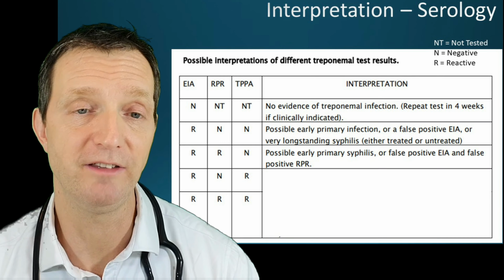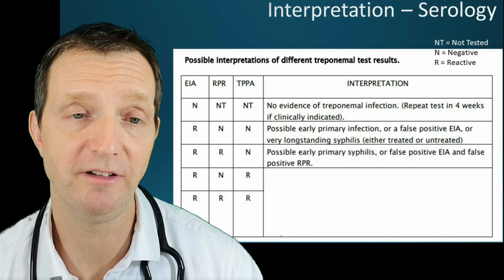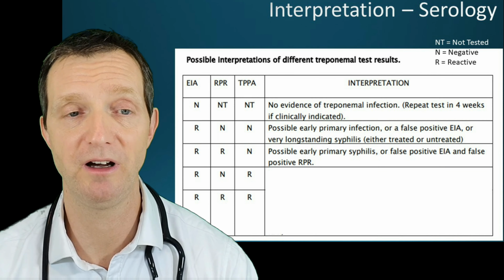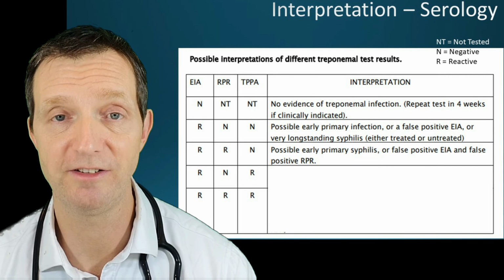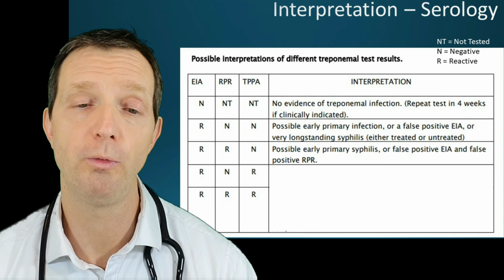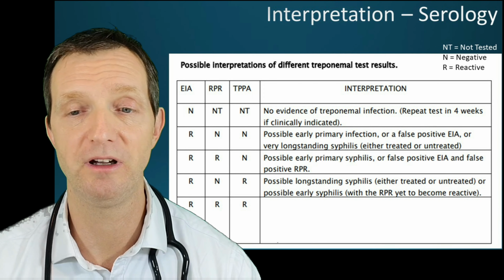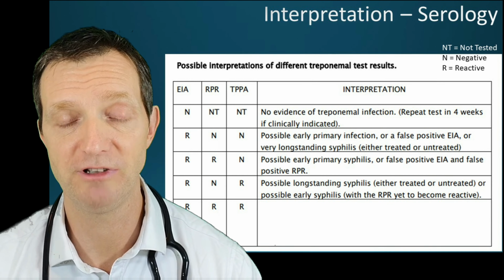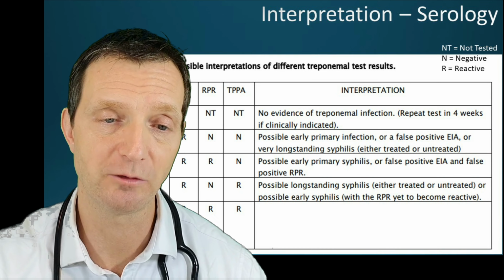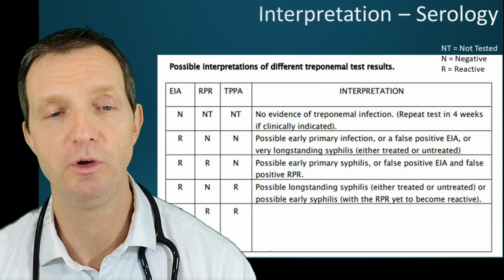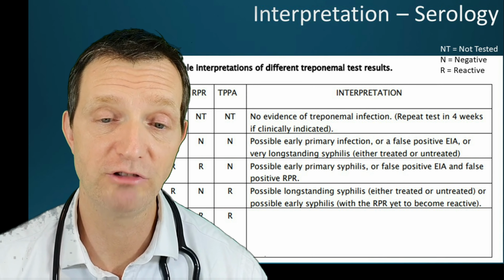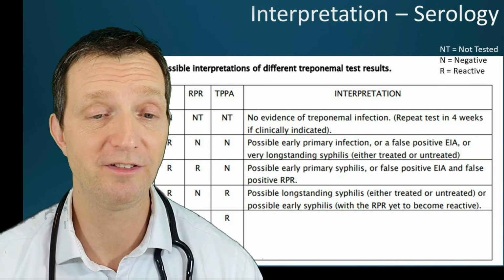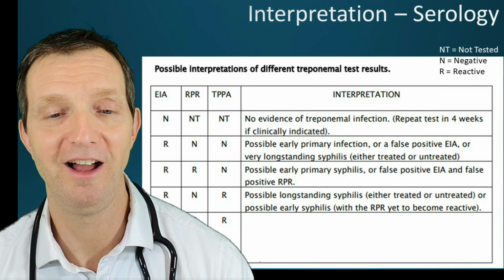And if the antibody is positive, the TPPA is positive, but the RPR is negative, it could very well be possible long-standing syphilis, treated or untreated, or possible early syphilis with the RPR yet to become reactive. And the last one, they could all be positive, which could be possible current syphilis, treated or untreated, or possible old syphilis, treated or untreated.